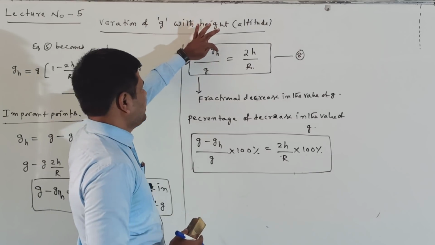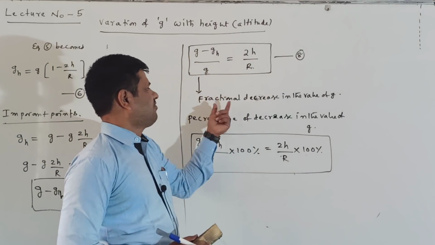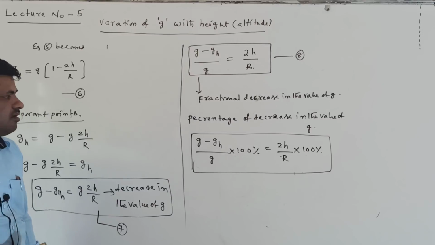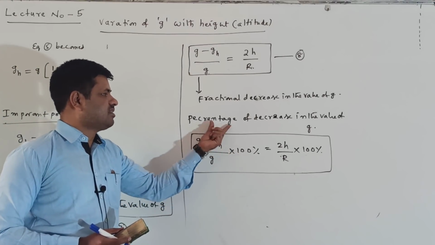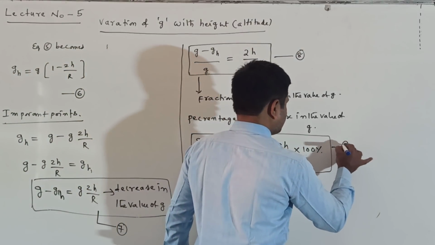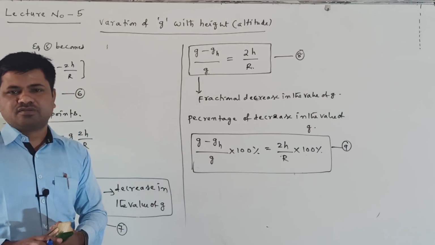This g minus g_h by g, taking g to this side, the remaining is 2h by R. This is called the fractional decrease in the value of g. Multiplying this by 100% is called the percentage decrease in the value of g. This is given as equation number 9. These are very important points for competitive examinations.